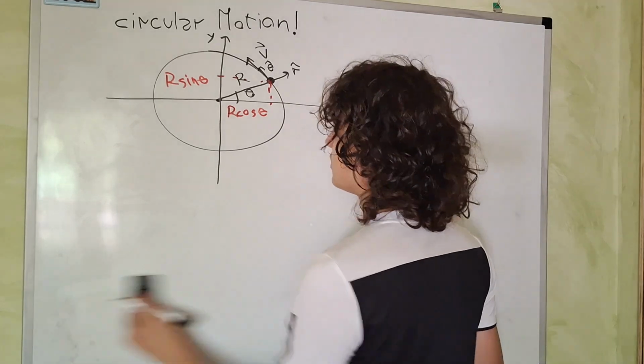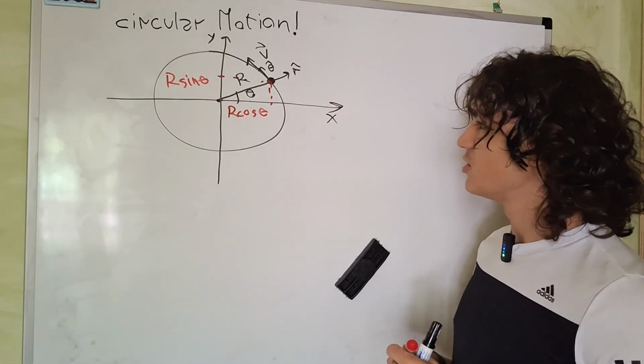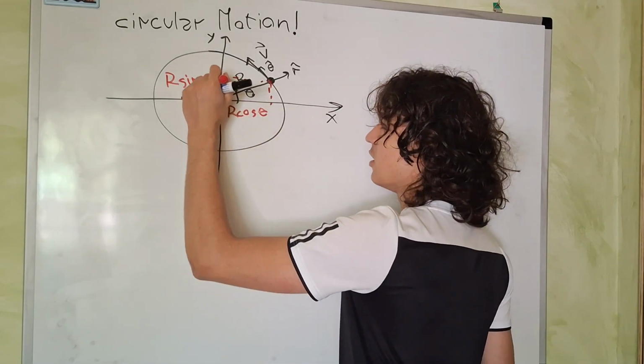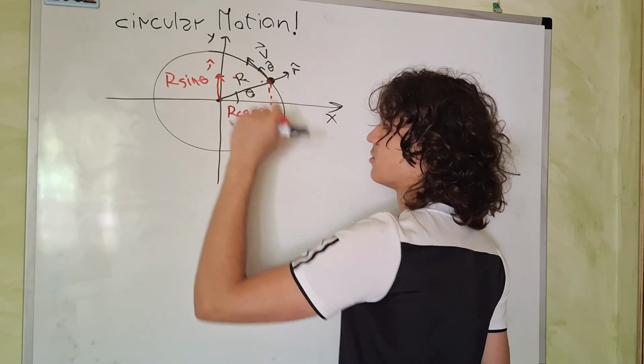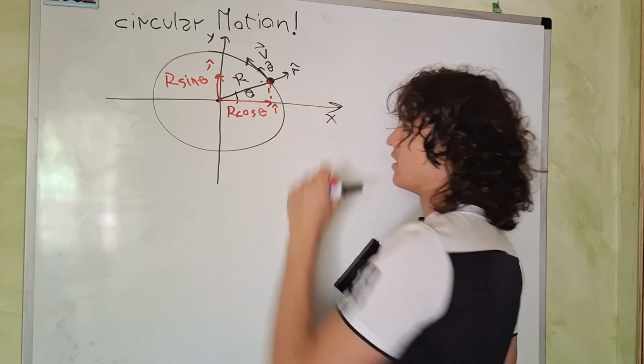So we can simply describe this motion using two unit vectors, one going along the y-axis that we call j hat, and one going along the x-axis, i hat.